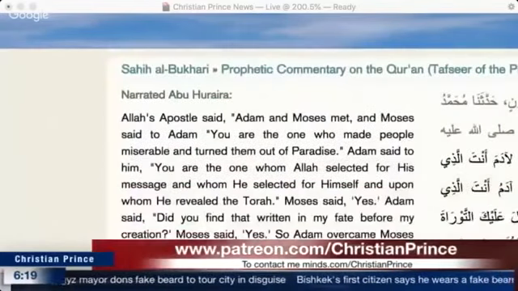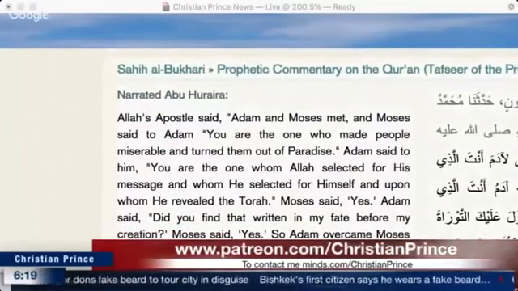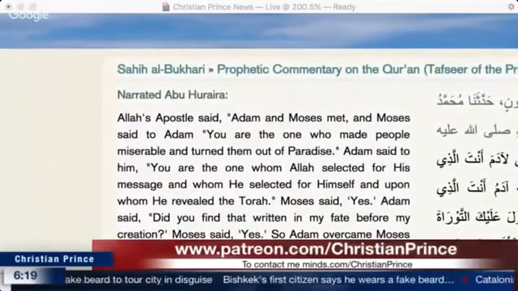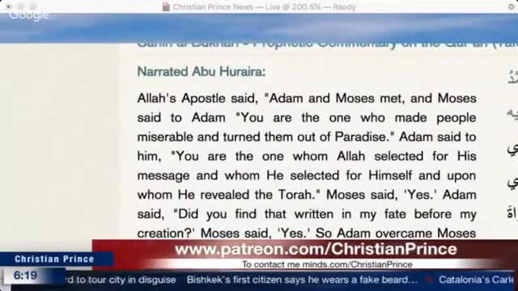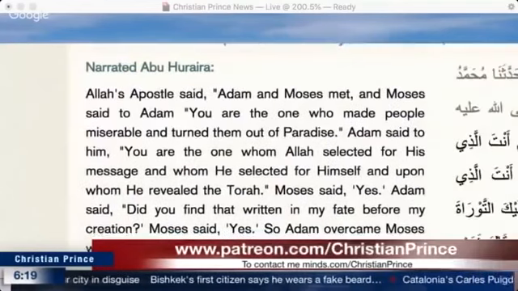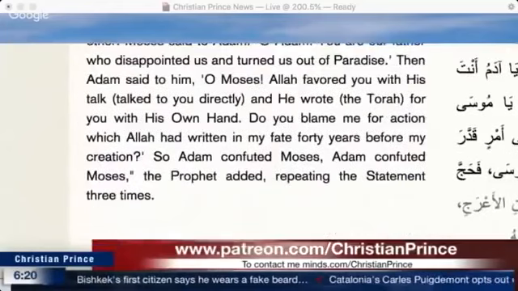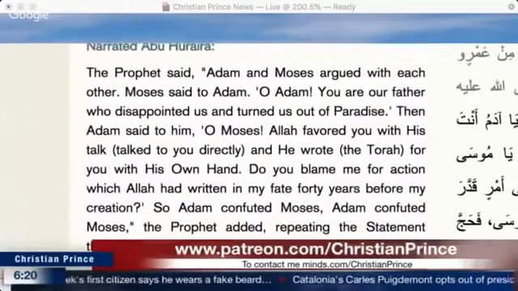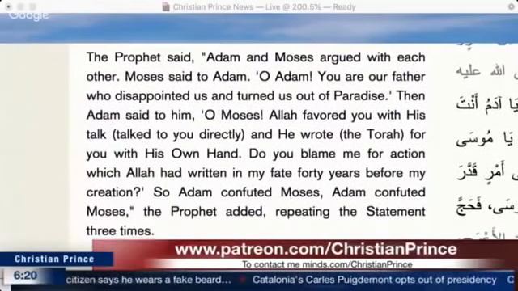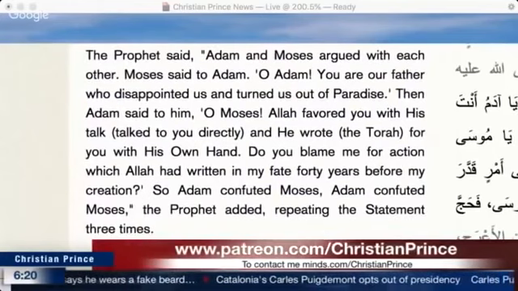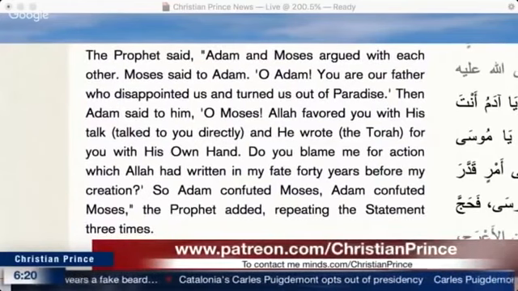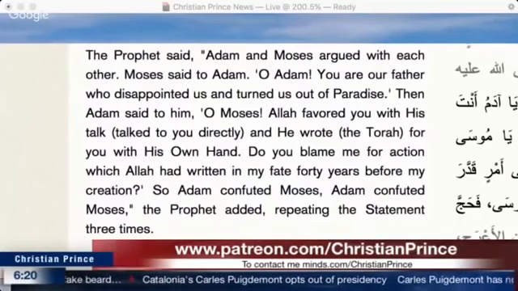And this is something all the Muslims agree upon, and it's part of Islam, to believe in destiny. According to Muhammad, Adam's fate of sin was written for him 40 years before he was created. So we can't blame Adam for being deceived, because Allah wrote that before he created him. Correct?